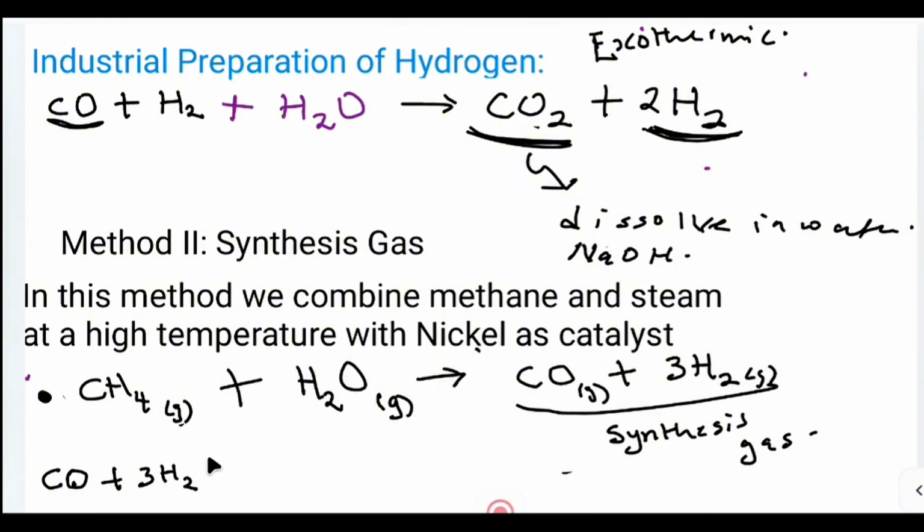And then I add water, actually steam, and this will give me CO2 plus hydrogen.